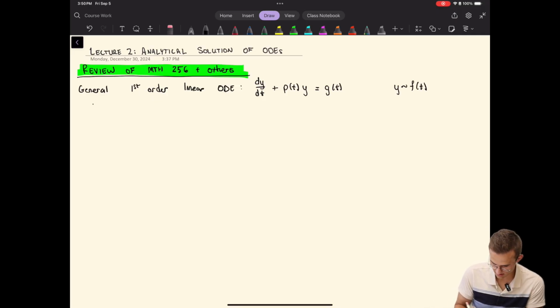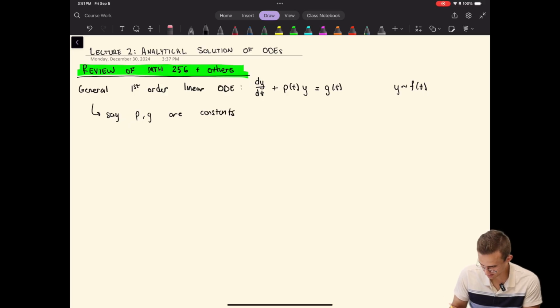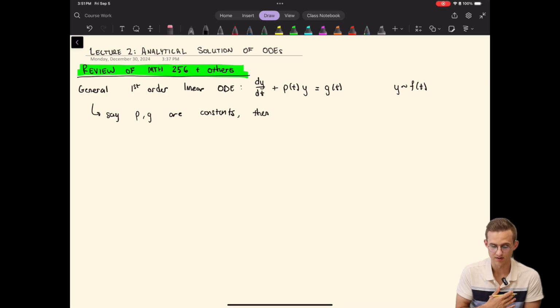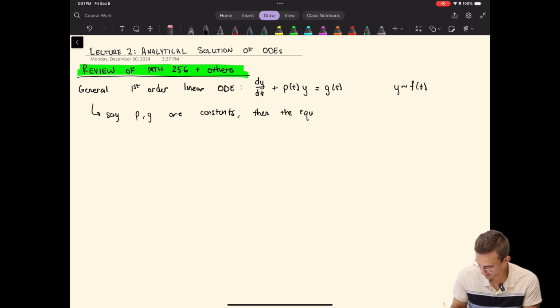Imagine the functions p and g are actually just constants. Then you have the form of the equation that you would always hope for when encountering an ODE. It's separable.